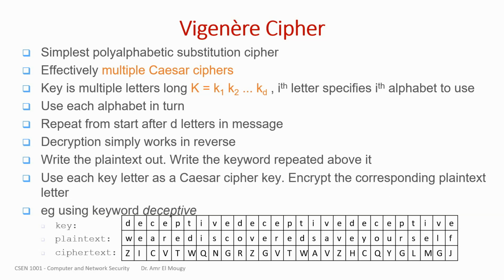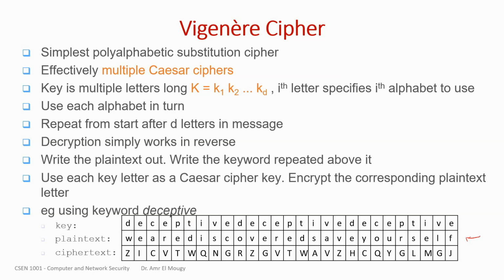The Vigenère cipher is a type of polyalphabetic cipher. What we do is we write our plaintext in a row like this one, and we choose a key. The key has to be something that is agreed upon between the sender and the receiver, so only the sender and the receiver would know it. For example, let's say we are using the keyword deceptive. You write the key repetitively on top of the plaintext: deceptive, deceptive, deceptive.